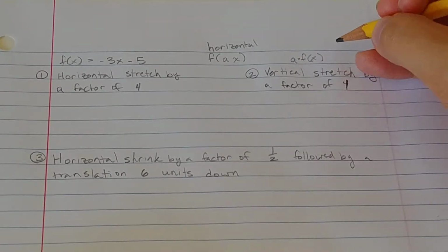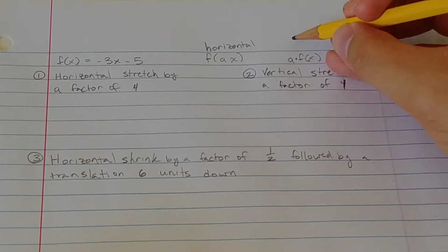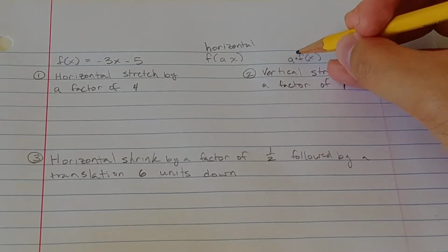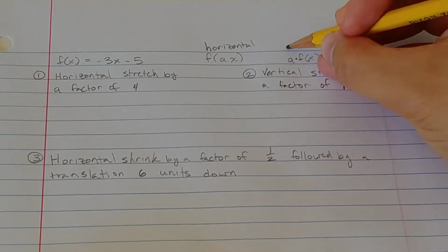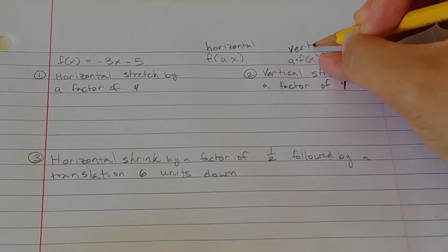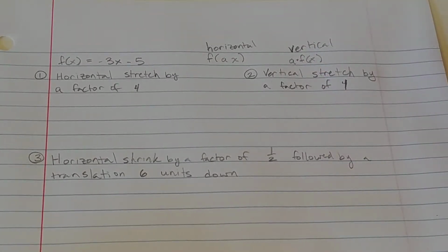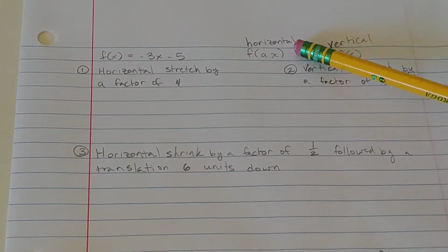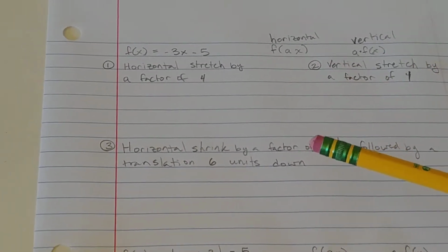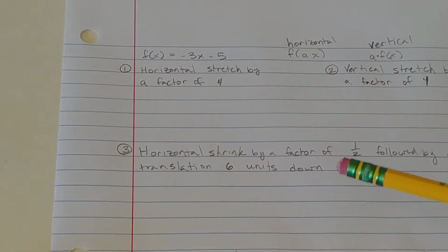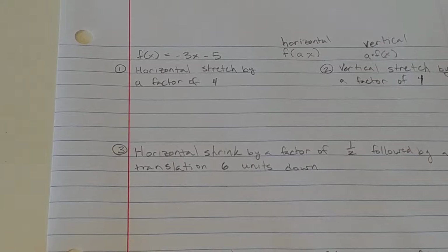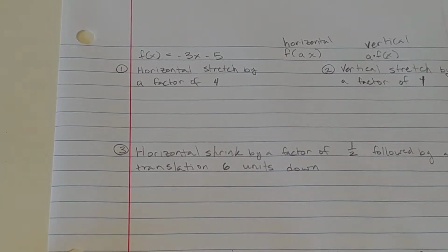And we'll see a lot of functions like that. When you multiply the whole function, that's usually going to be vertical. And horizontal, remember, just like when you're translating it horizontally, you have to think opposite. Horizontal stretches and shrinks, it's also a little different.